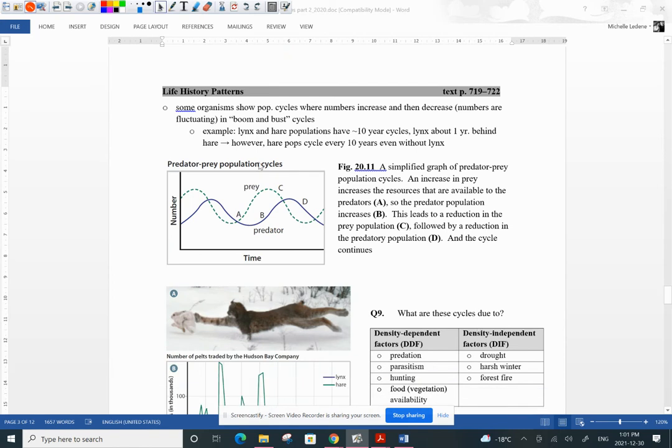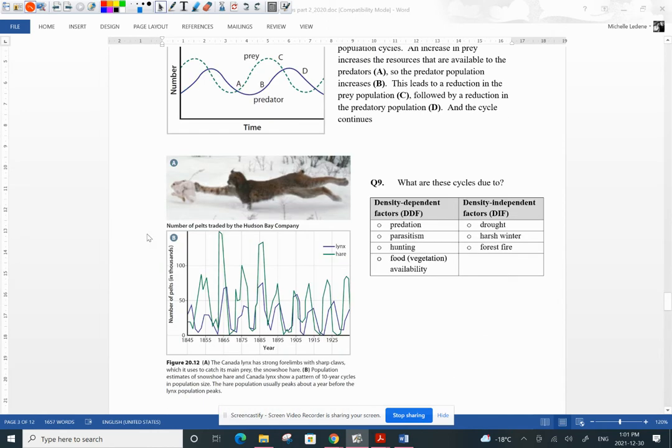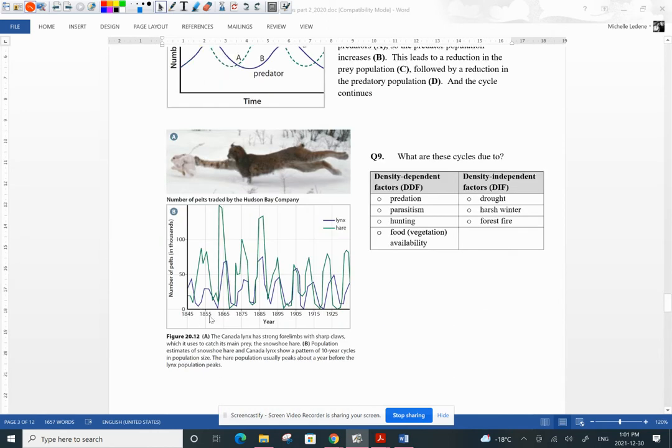Now here's where we are picking up today: life history patterns. It's kind of interesting, they actually have hundreds of years of data on the lynx and hare relationship. At the bottom of this page, you can see a graph that shows the Hudson Bay Company data, over hundreds of years, 1845 to 1925, looking at the population of the lynx and the hare.